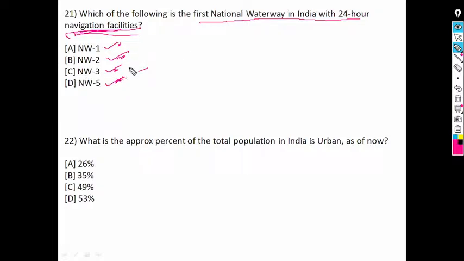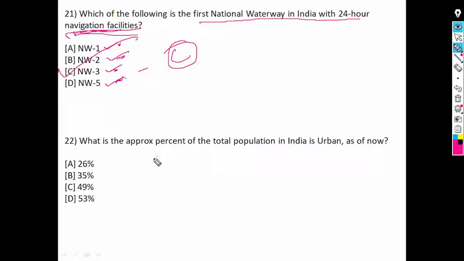Particularly it is National Waterway 3, that is Kozhikode to Kollam, with 24-hour navigation facilities.